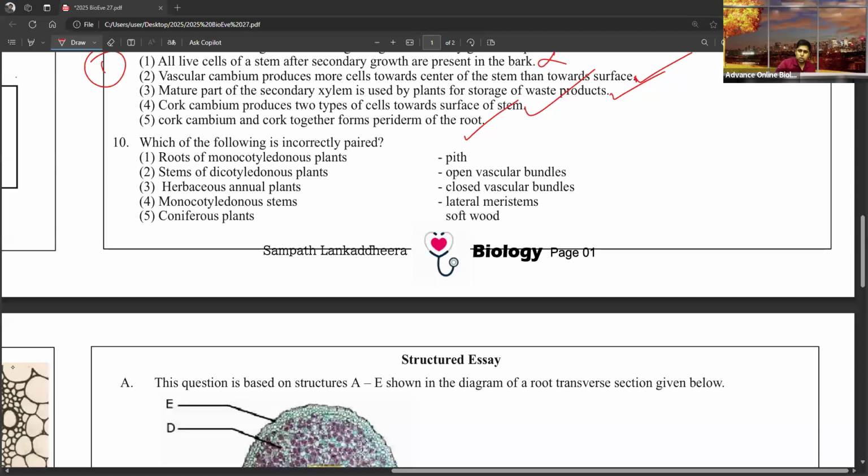Monocot plant root, pith, correct. Stems of dicot plants, open vascular bundles. Correct. Herbaceous annual plants, closed vascular bundles. That is wrong, neither. Herbaceous annual plants won't always have closed bundles. It depends on whether it is a monocot or a dicot.